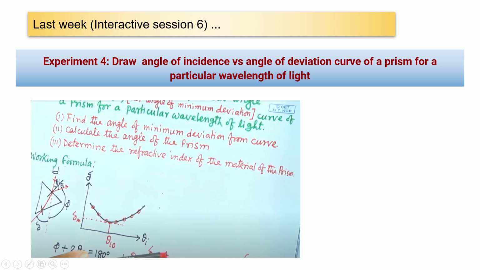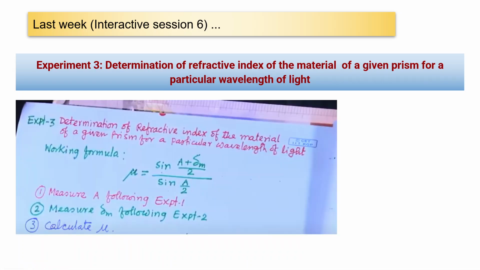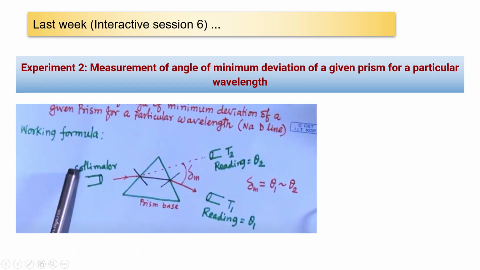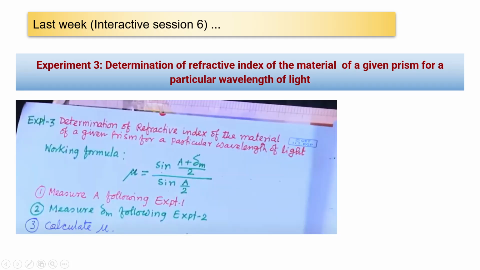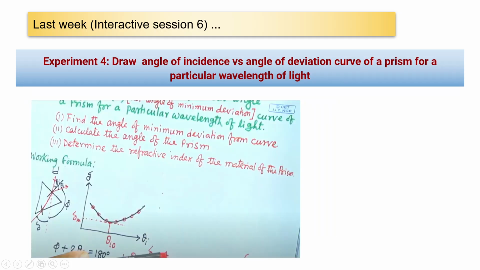Okay, and this angle of minimum deviation we get when the angle of incidence and angle of emergence are equal, and at that time the refracted ray follows a path parallel to the prism base. This y-axis is deviation.